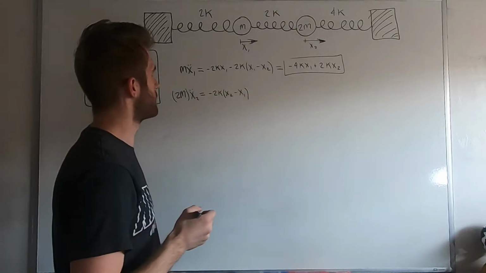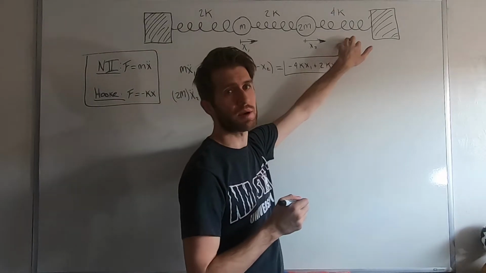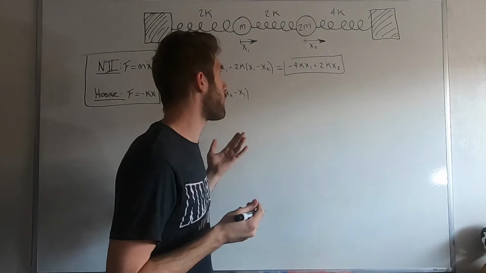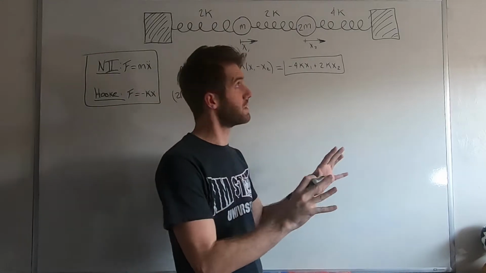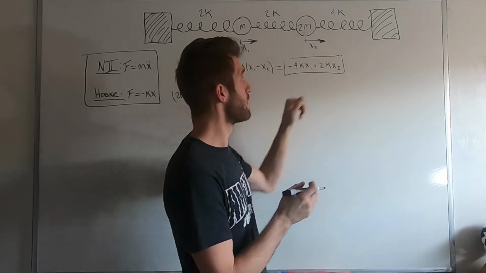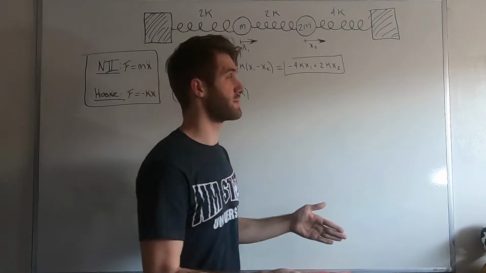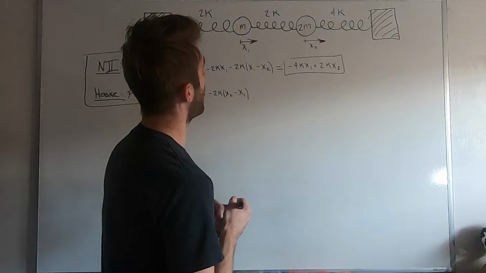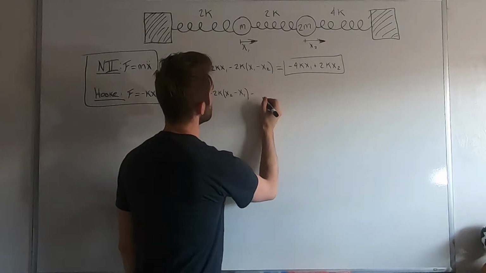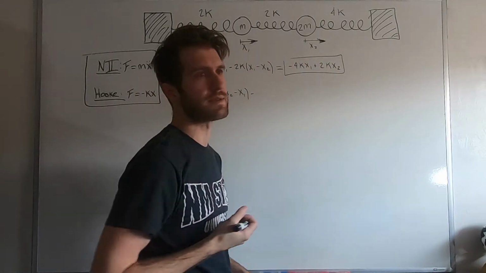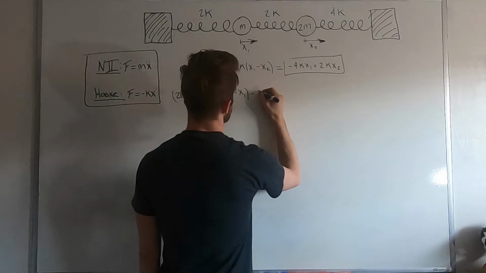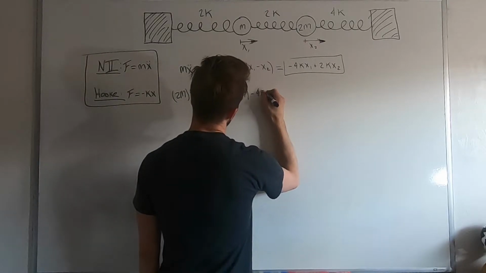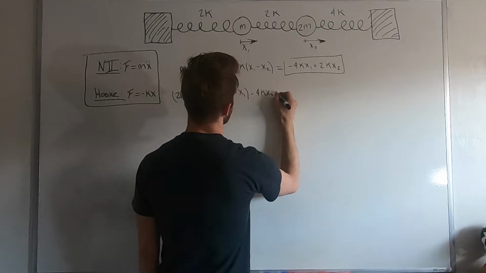Great. All right, so now let's look at this part of the spring. Now we're introducing a compression to this spring here, and as before, it's going to exert a force in the opposite direction. And we are going to have a minus. Because we have 4k as our spring constant there, this is just going to be minus 4k x sub 2.